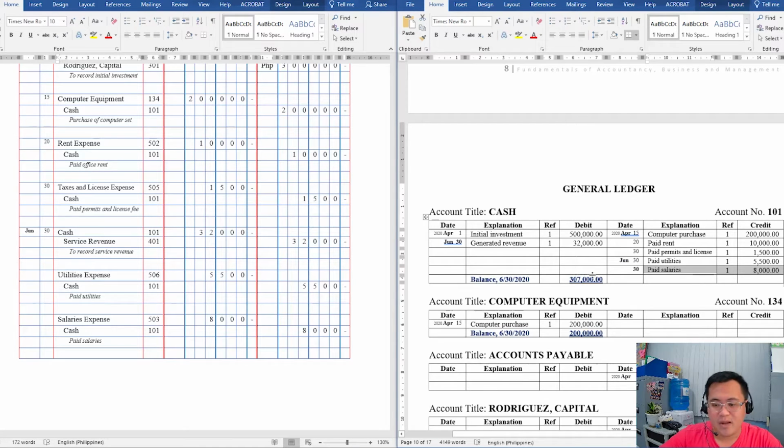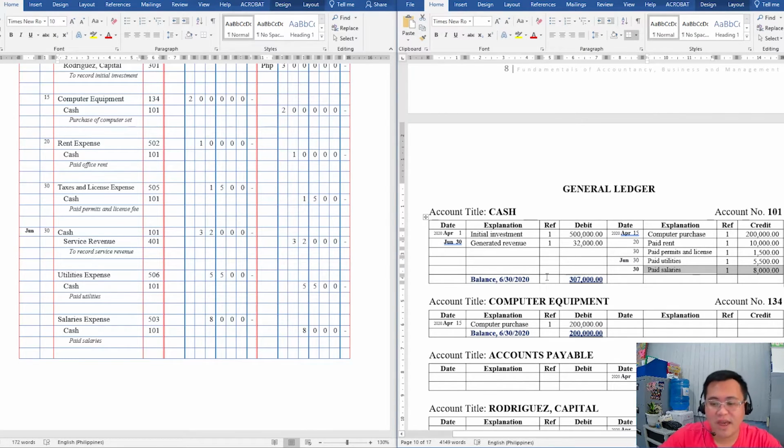Ending balance because every month we usually get the balances of our accounts for us to know how much is the balance of our account at the end of every period. Usually every month in businesses because we usually pay taxes every month. So ideally we actually have to compute for the ending balances of our different accounts at the end of the month.